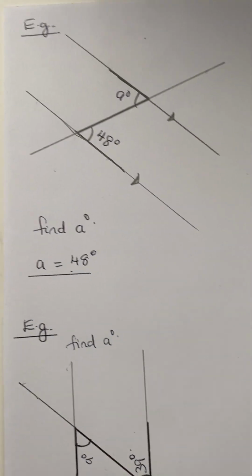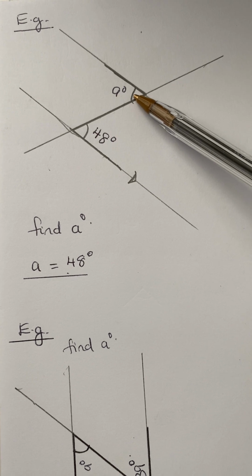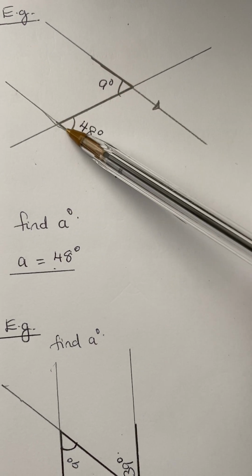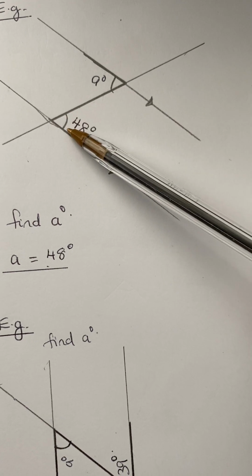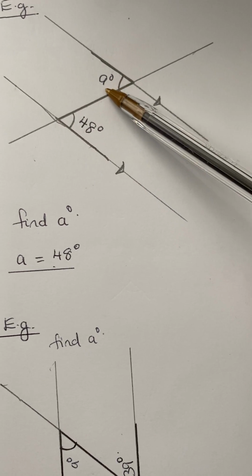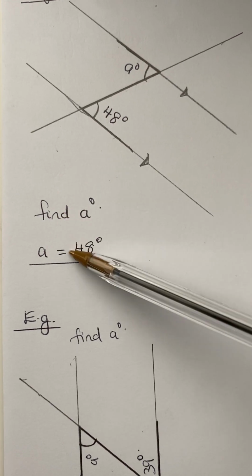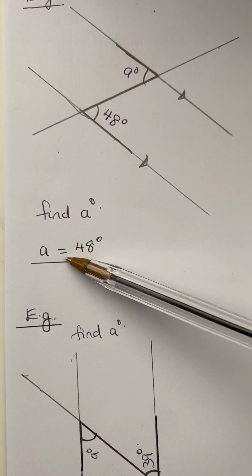But because of the second parallel line, that is our Z here. So if this is 48, A here is 48. So straight away, A equals 48.